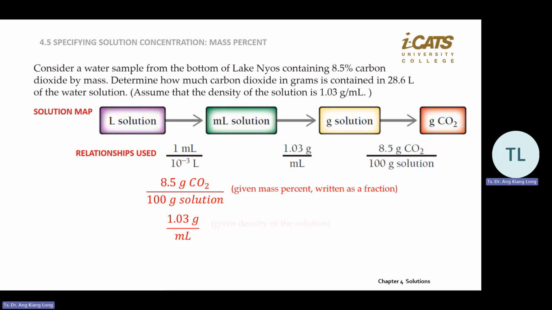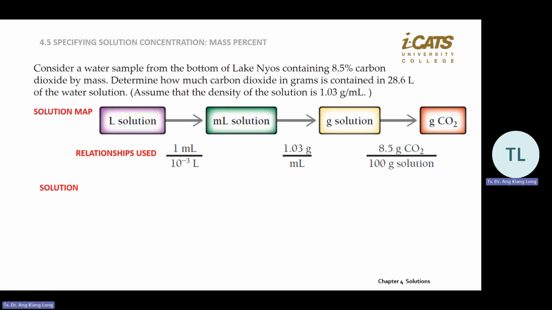So ml you need to convert into liter. Milli is 10 power negative 3. This one I did write on the whiteboard. So you need to write 28.6 liter solution equal to how many grams?